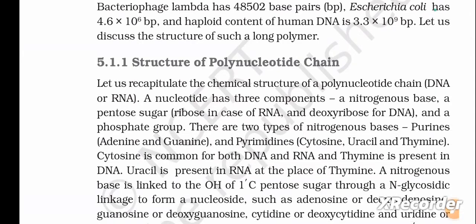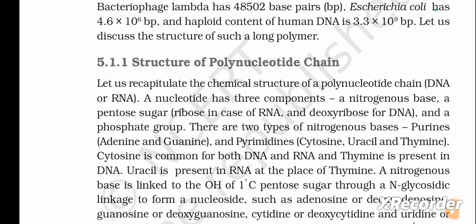Structure of polynucleotide chain. Let us recapitulate the chemical structure of polynucleotide chain, DNA or RNA. A nucleotide has three components: a nitrogenous base, a pentose sugar, ribose in case of RNA and deoxyribose for DNA, and a phosphate group.